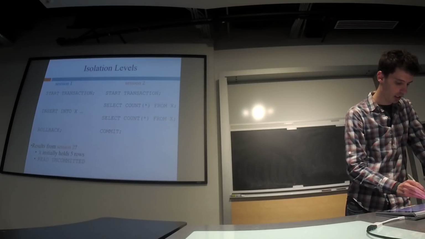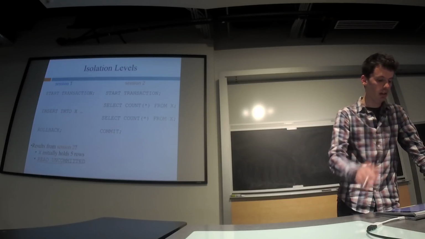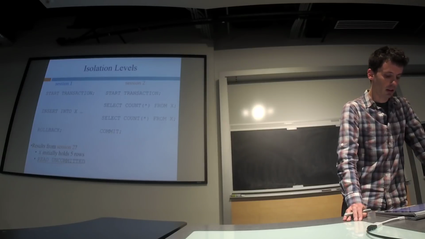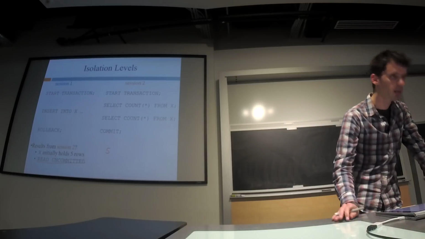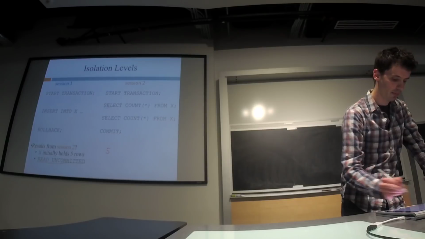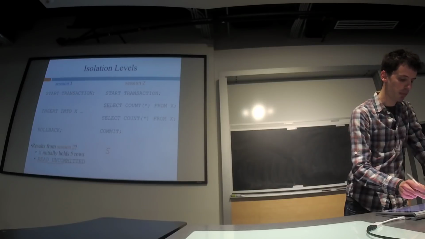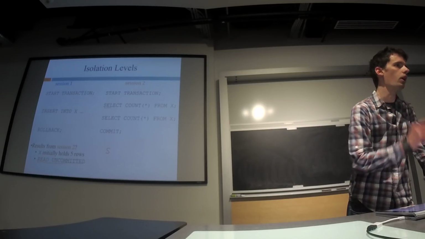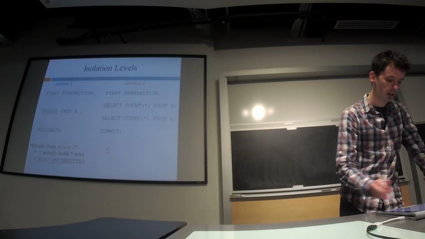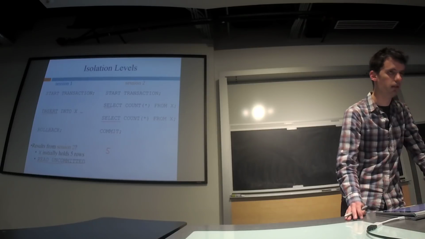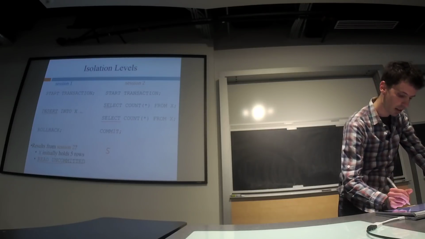The first one is isolation level read uncommitted. The select count star is going to give us a 5. Then we have insert into X. We'll say these inserts are always going to be one row. So session 1 will insert something. Session 2 does another select count, and read uncommitted means exactly that.